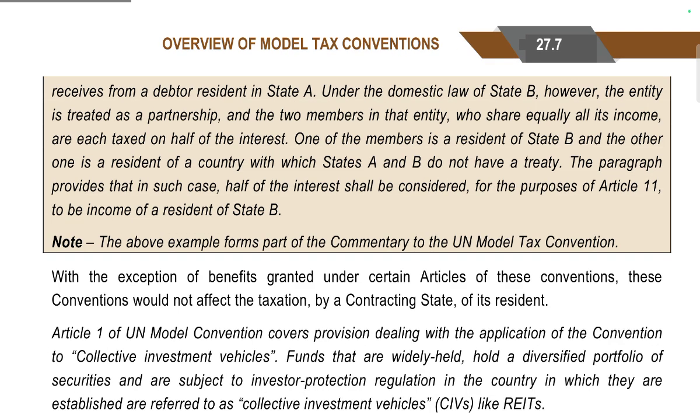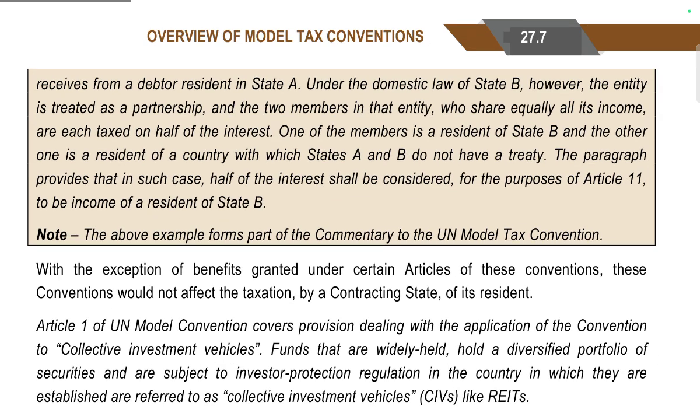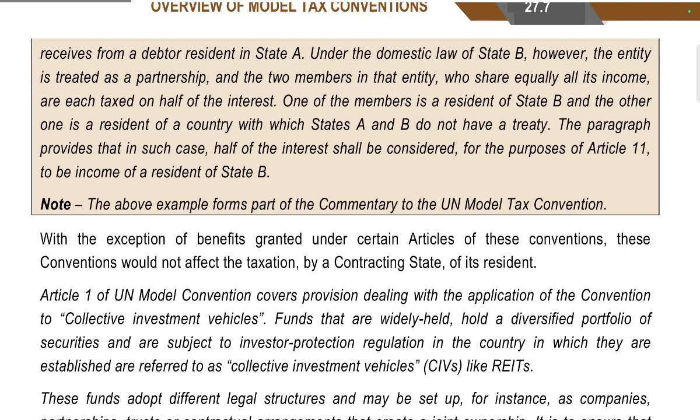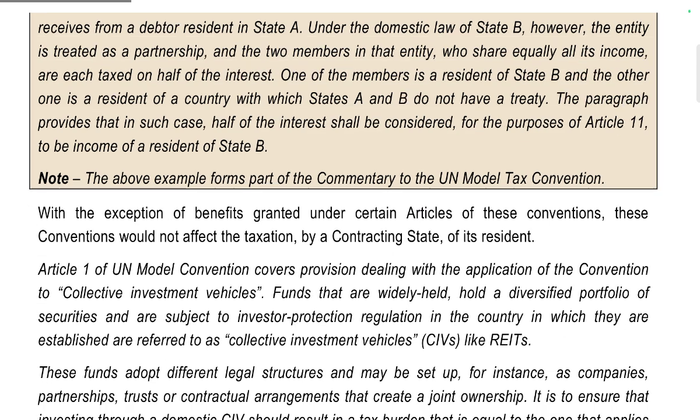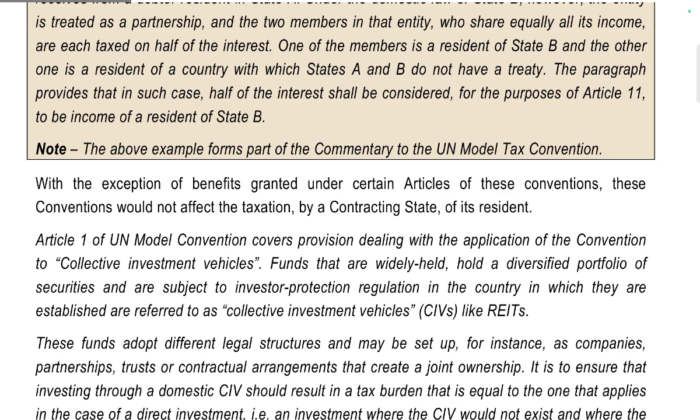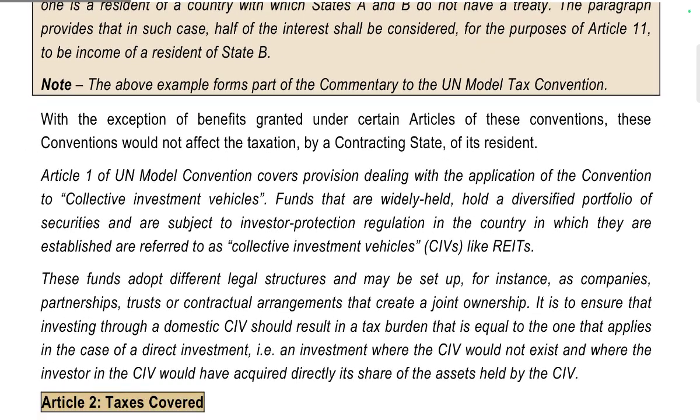One member is a resident of State B and the other is a resident of a country that does not have a treaty with State A. The paragraph provides that half of the interest is considered, for the purposes of Article 11, to be income of a resident of State B. This example forms part of the commentary on the UN Model Tax Convention.